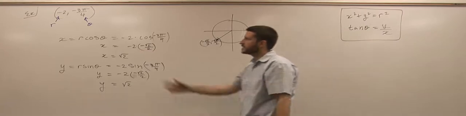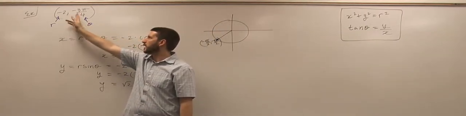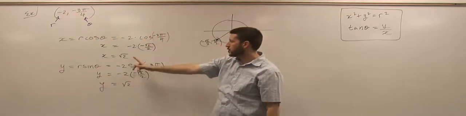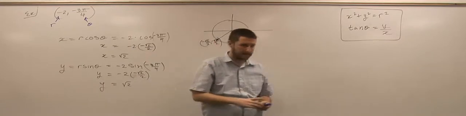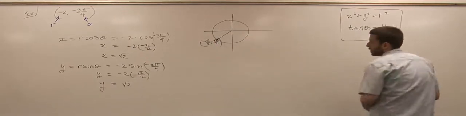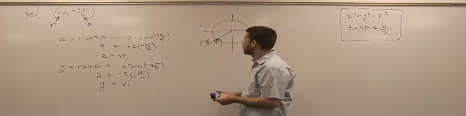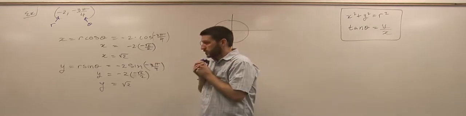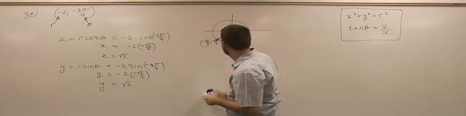So whether I graph this in polar by going to a circle of radius 2, an angle of negative 3π/4 and flipping, or if I go out root 2 on the x and root 2 on the y, I should get the same point. Question? So far so good?